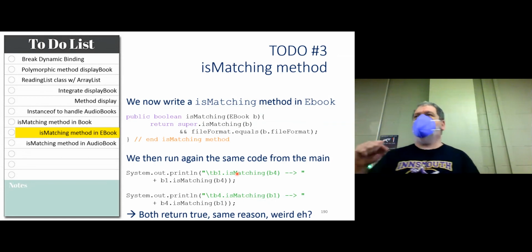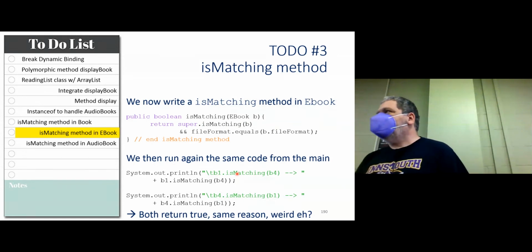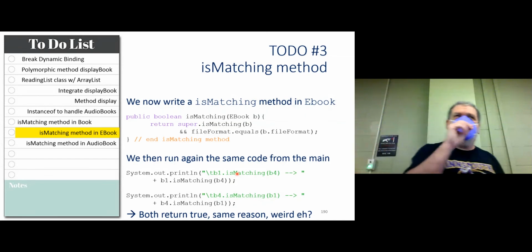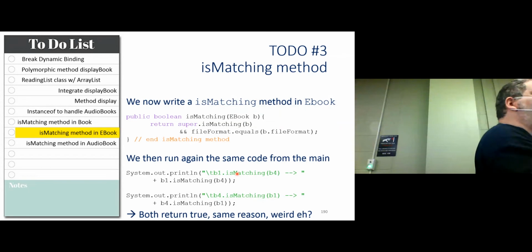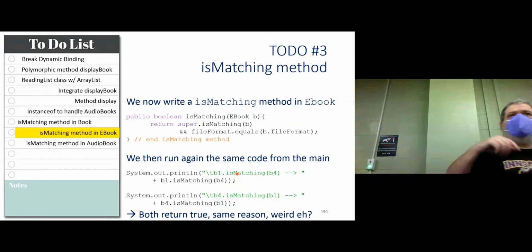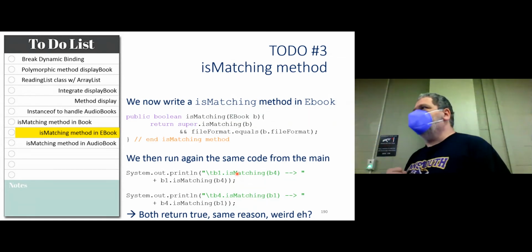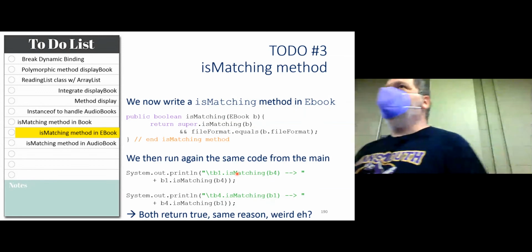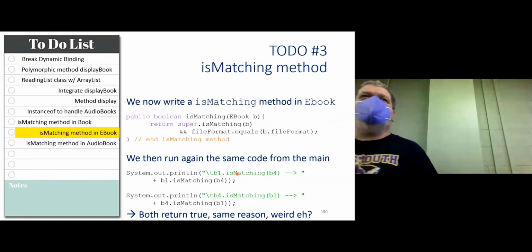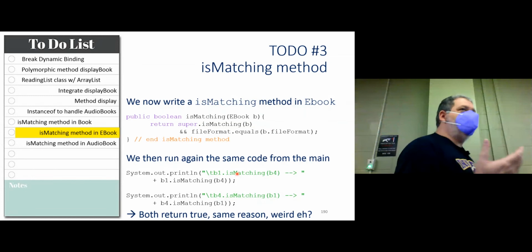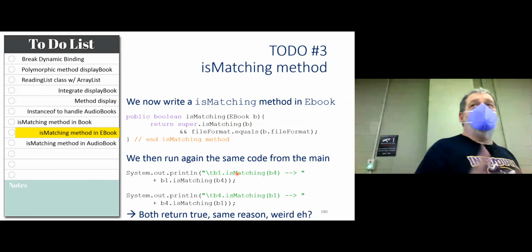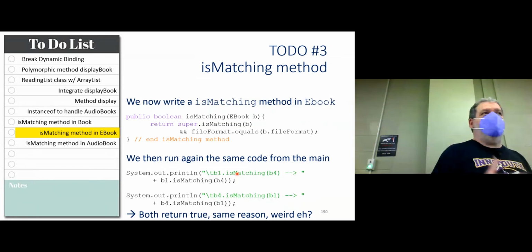So even though b4 was an ebook, please note, we didn't call the overloaded version of the method in the subclass that takes an ebook as parameter. We reverted back, we resorted to using the good old-fashioned version of the method from the class Book that takes just a book as parameter. And that was allowed because of polymorphism.